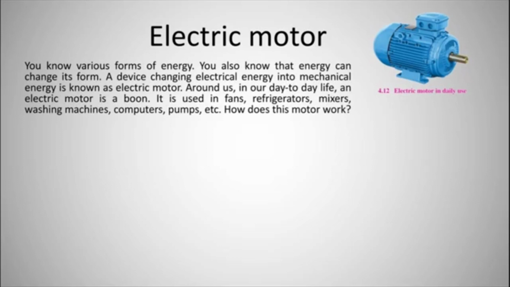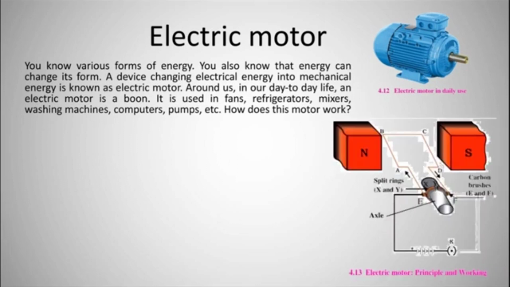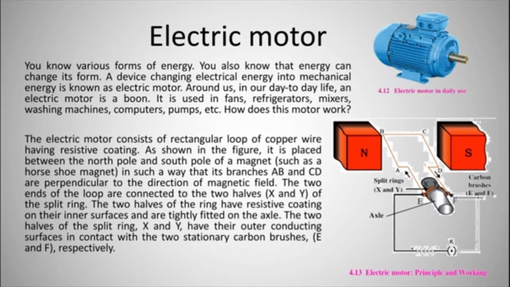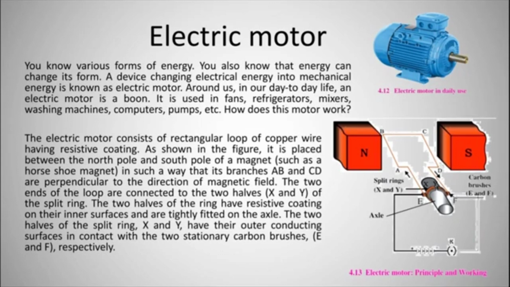But how does this motor work? Figure 4.13 shows us connections present in the electric motor. Electric motor consists of a rectangular loop of copper wire having resistive coating as shown in the figure.